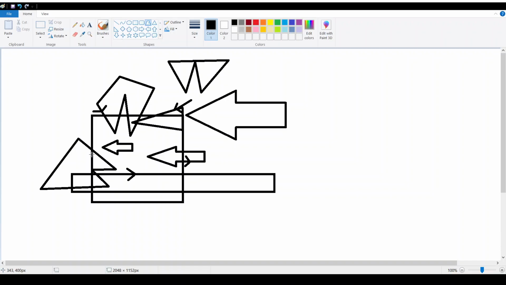But what if we had this? At that point, we only count it once because there is no inner or two lines.